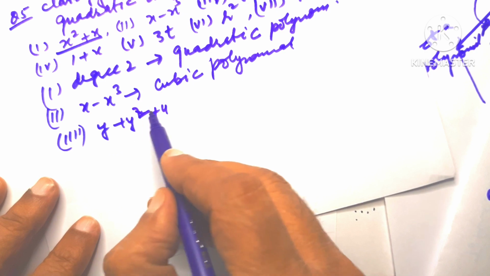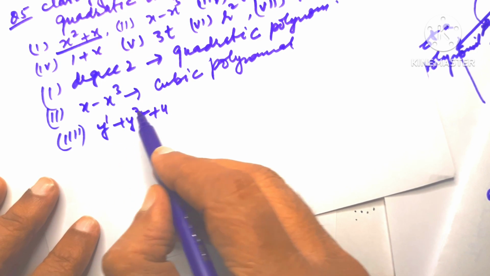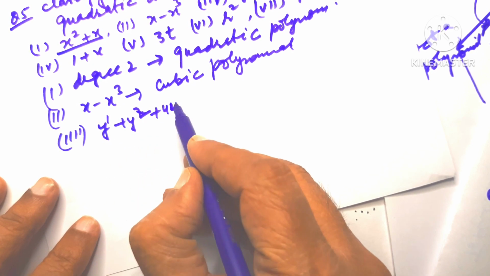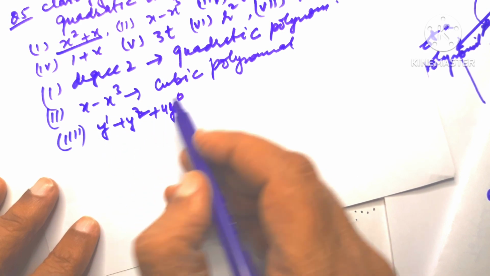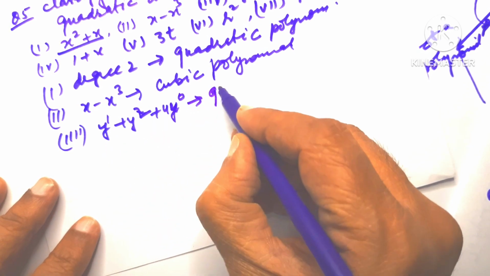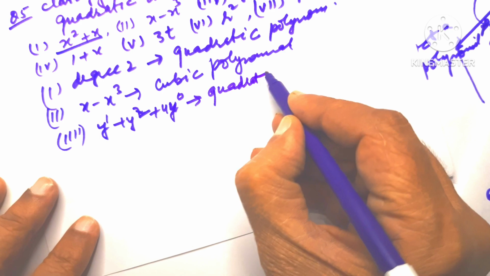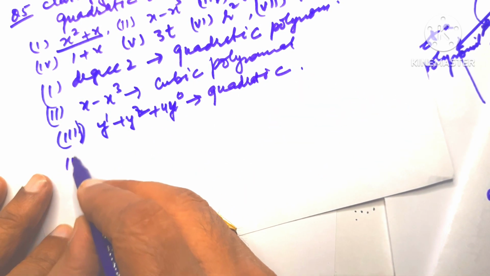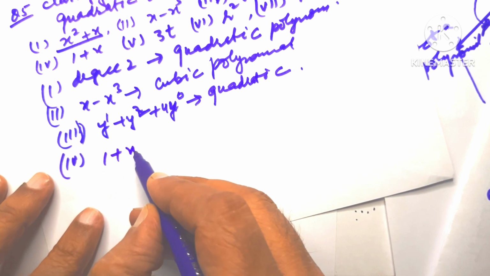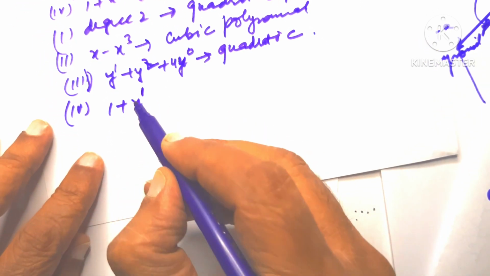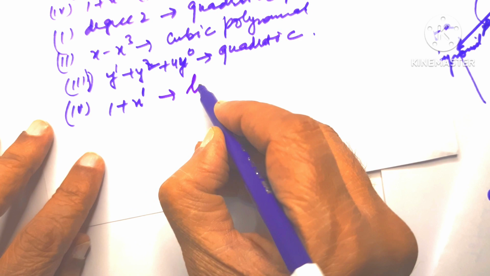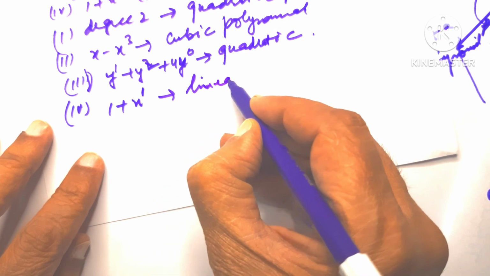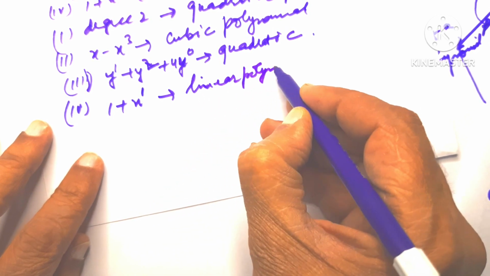Here the power is 1, here 2, here it is y to the power 0. So maximum is 2. So it is called quadratic. Then fourth part, 1 plus x. The maximum power is 1. So it is a linear polynomial.